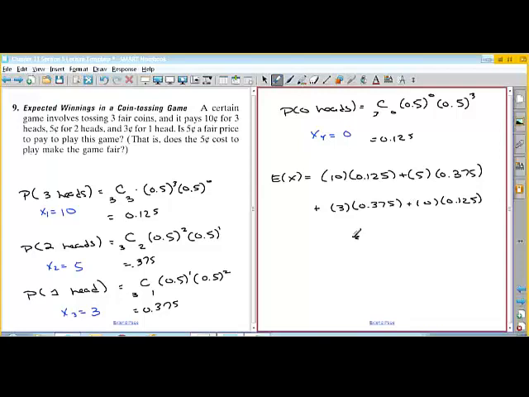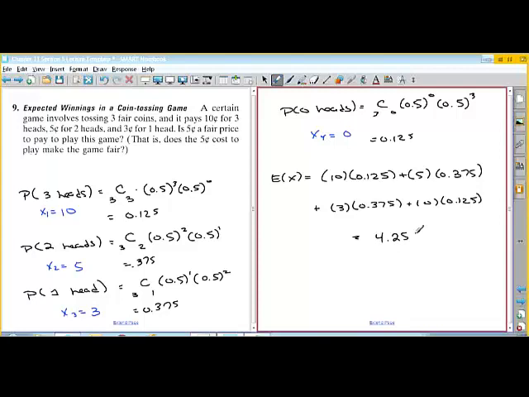If you plug that in your calculator, you will get a number. There is actually a shortcut, and I'll show you what that is. You get 4.25. So that's the expected winnings, 4.25 cents.